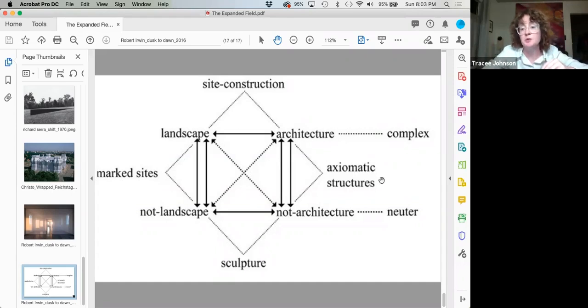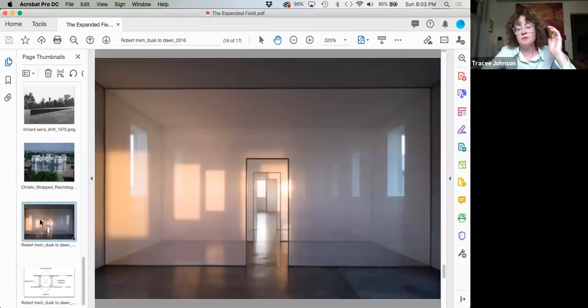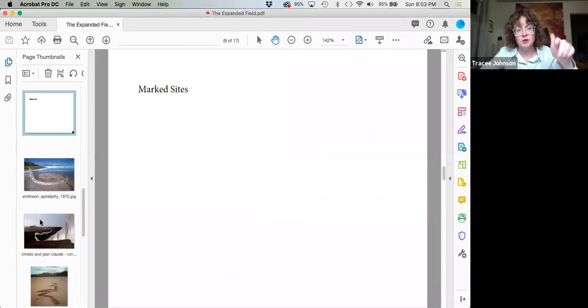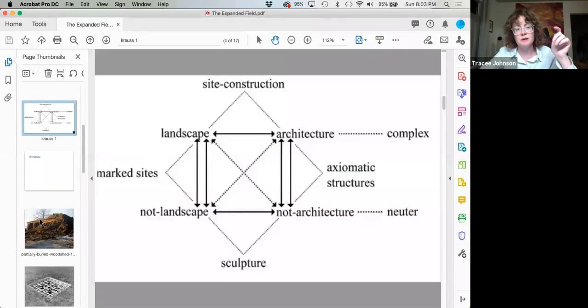And axiomatic structures are the architecture that's not architecture, right? Because it's an artwork. So the reading will, of course, go into much more depth on all of this, but please feel free to come back to these slides, which are in Google Drive, and look at some of these pieces as a reminder of what fits where.